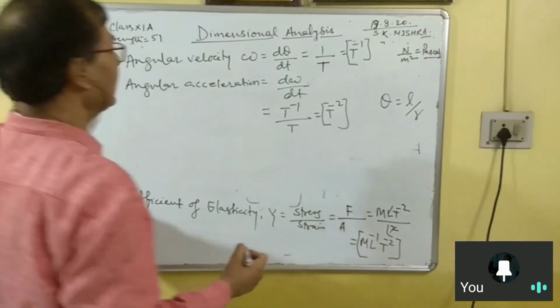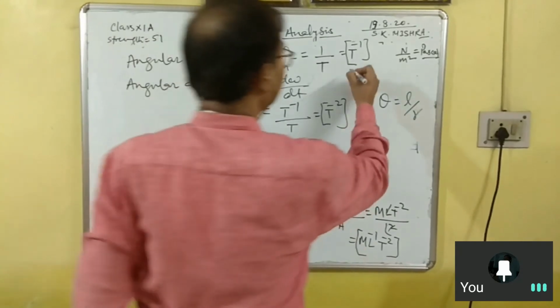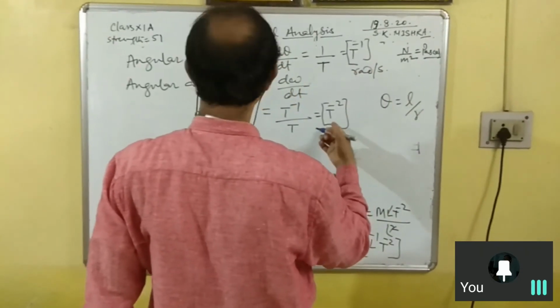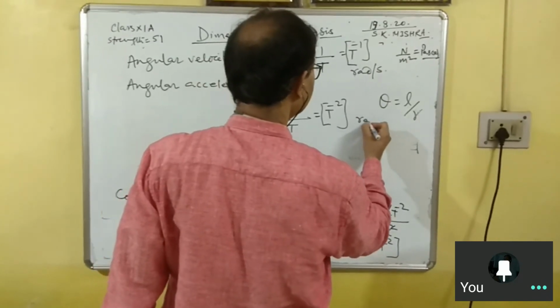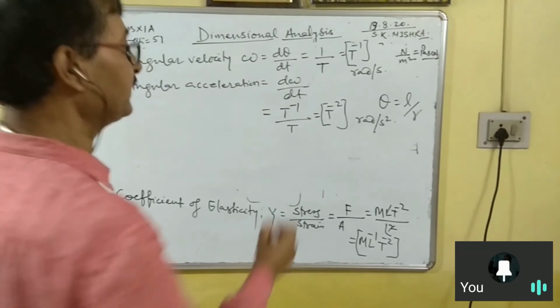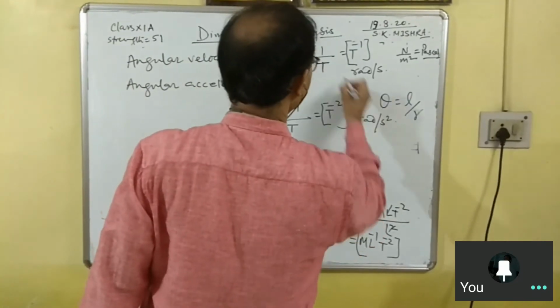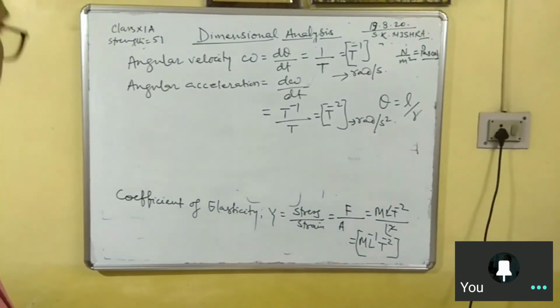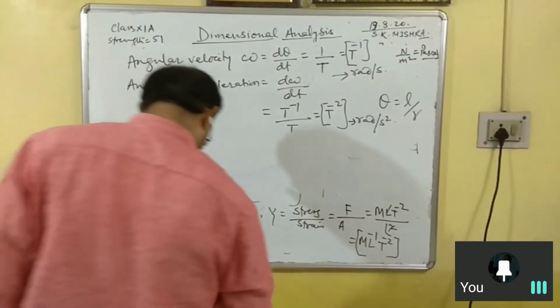Remember, angular velocity has a unit, radian per second, and angular acceleration also has a unit, radian per second square.